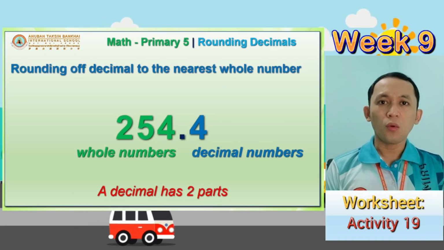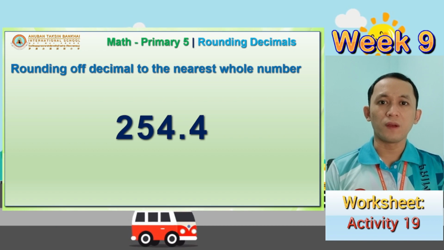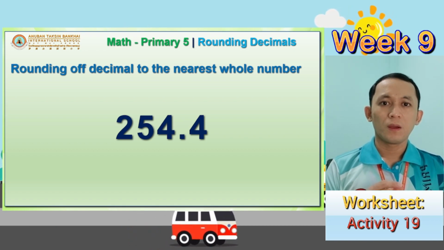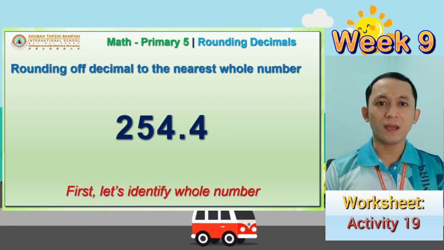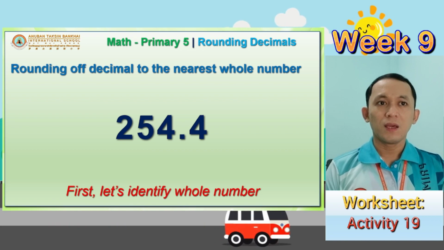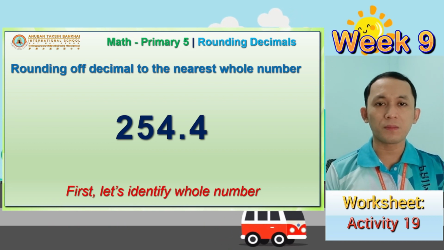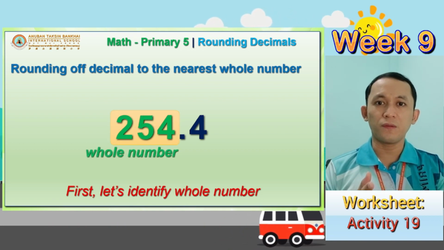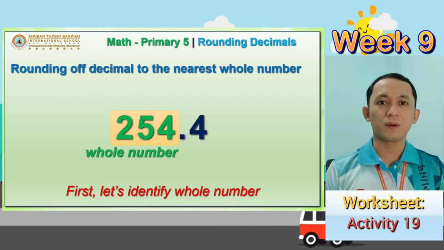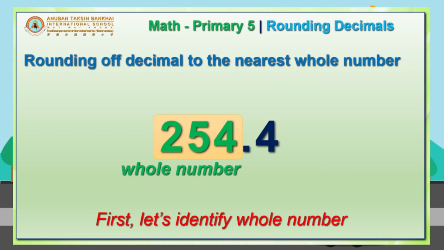Now, in order for us to round off this example to the nearest whole number, first we are going to identify the whole number. In this example, our whole number is 254.